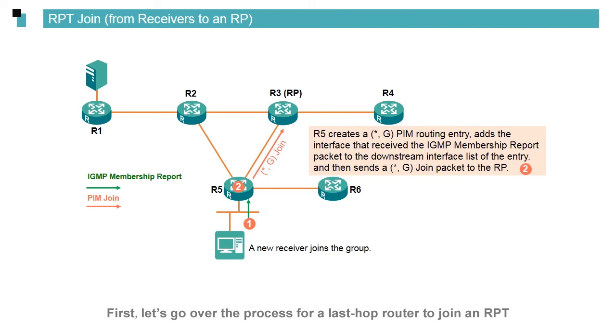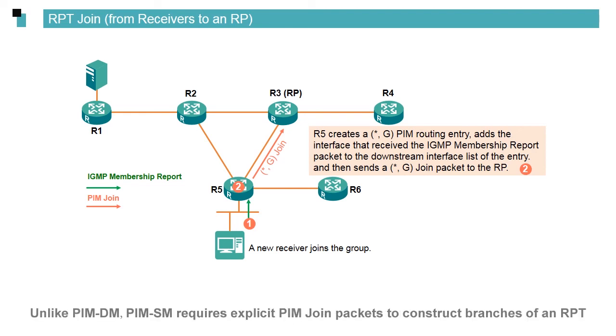First, let's go over the process for a last hop router to join an RPT. Unlike PIM-DM, PIM-SM requires explicit PIM join packets to construct branches of an RPT.